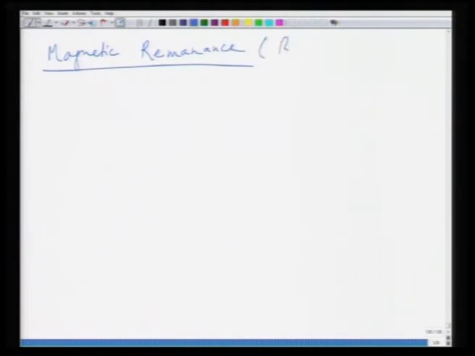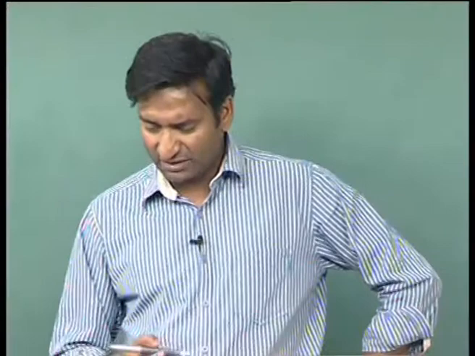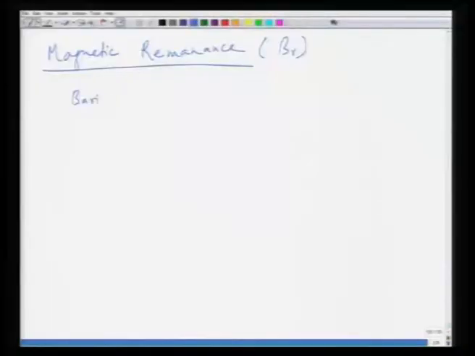So you can say BR, and this is again a function of parameters like processing, the composition, etc. of these materials. Magnetic remanence can of course be changed by things like, if you take barium hexaferrite.